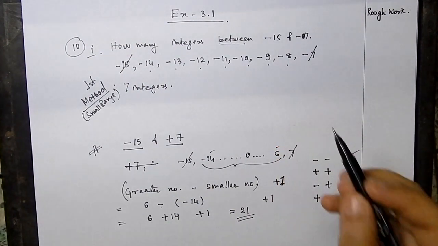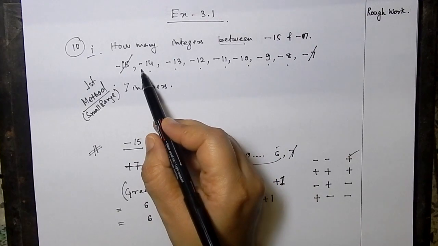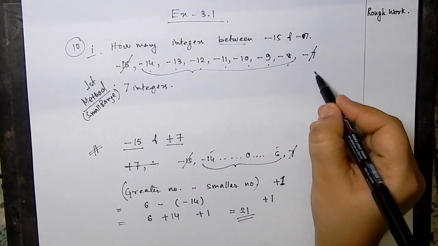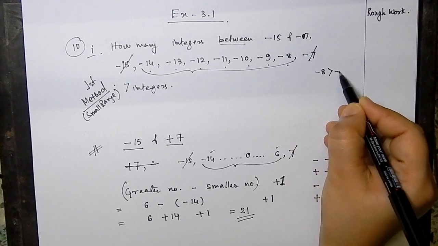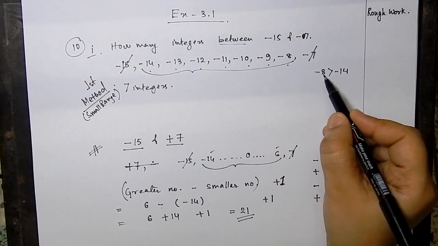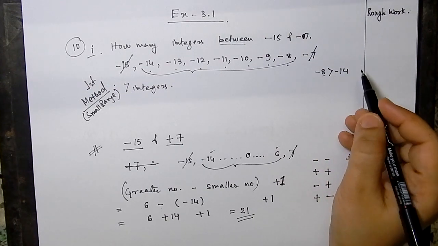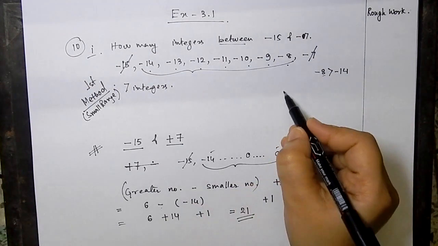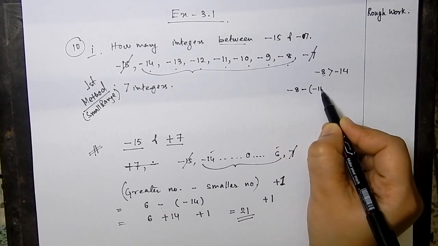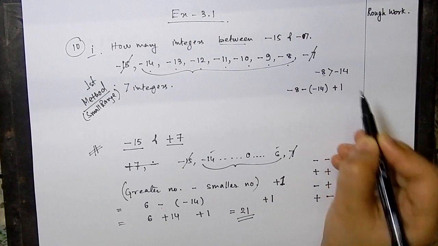Let us apply this formula over here. We have to find how many numbers from minus 14 to minus 8. Now here we know that minus 8 is greater than minus 14, because in negative numbers, smaller the numeric value, greater is the integer. So greater number minus the smaller number plus 1.